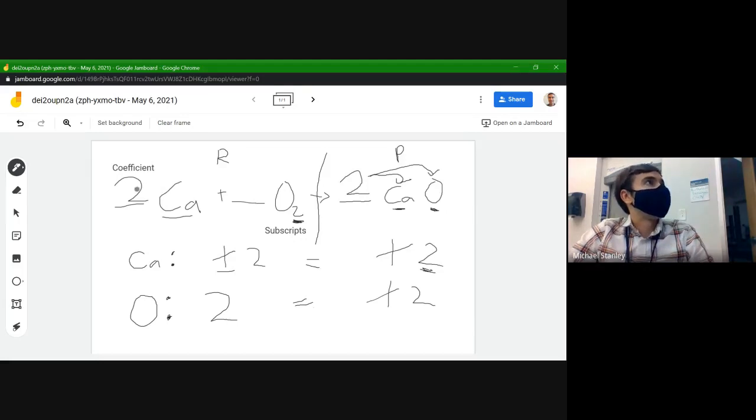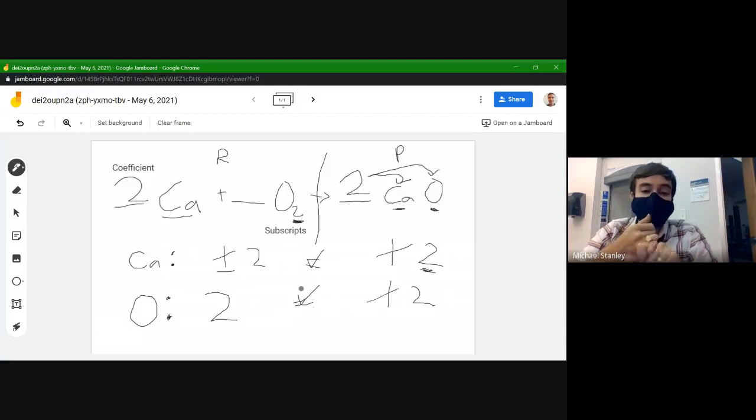So now it looks like we're balanced, but I'm going to check and make sure. We have 2 Ca's on the reactant side, and we've got 2 Ca's on the product side. So that's balanced. That checks out. We've got 2 O's on the reactant side. So this never changed. And we've got 2 O's on the product side. So that checks out as well.